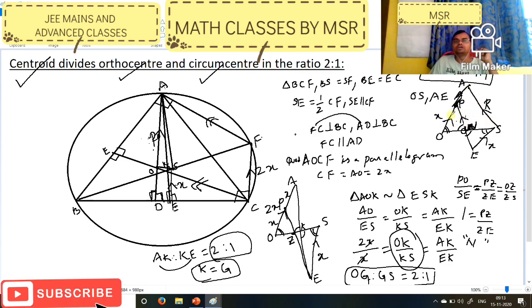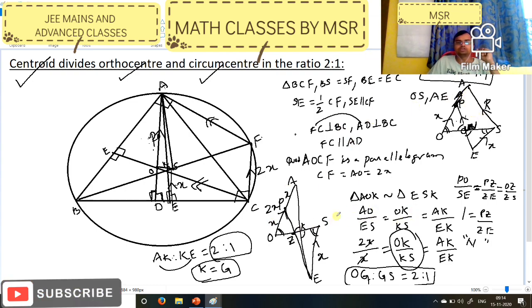That means the radius of the 9-point circle is half of the circumradius.